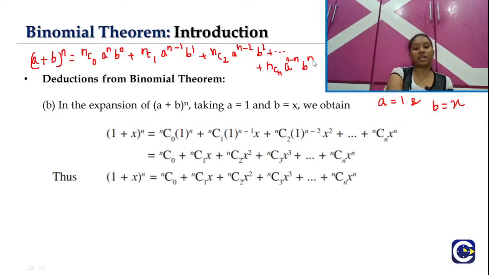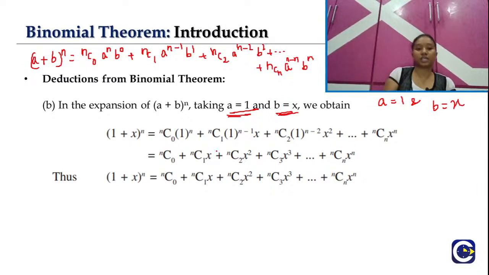(1 plus x) whole power n. So now the term has turned out to be (1 plus x) whole power n, because we have substituted 1 in place of a, and x in place of b.